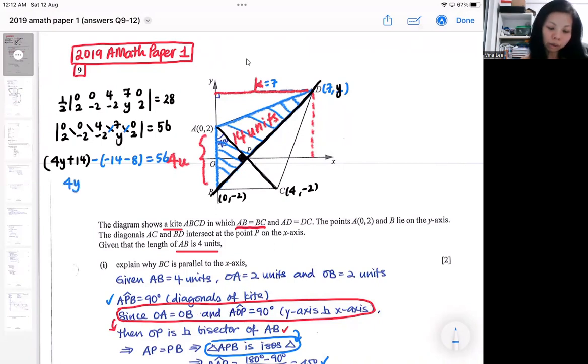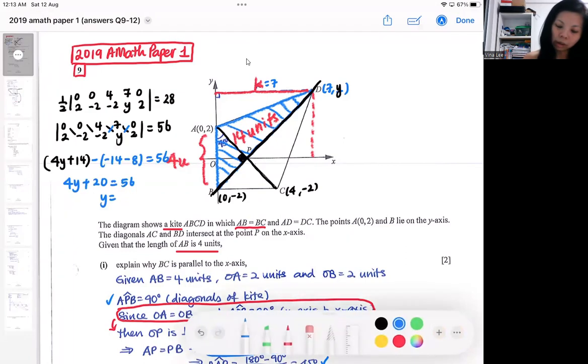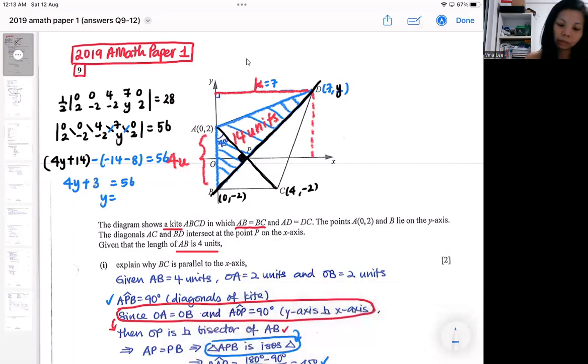Let me do a quick calculator. 56 minus 20 divided by 4. I think I made some careless mistake. 14 plus 14 plus 8. Okay, so the careless mistake is this part. It should be 36. And you will get 5. So the y coordinate will be 5.